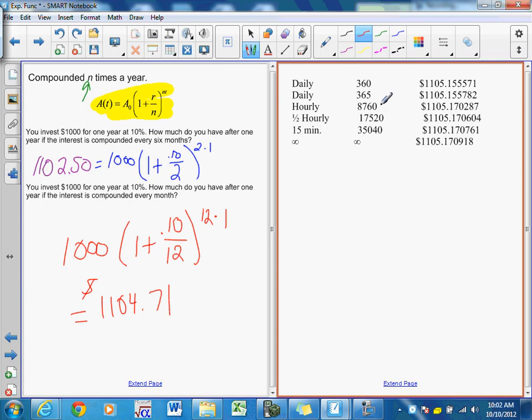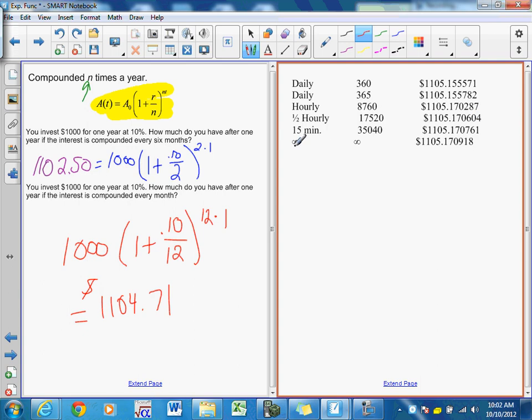You didn't know how many hours there were in a year. We get 2 more cents. If we go to every half hour, now there's almost 18,000 half hours in a year. We gain thousandths of a cent. If we go every 15 minutes, there's about 35,000 15 minutes in a year. We get even less.